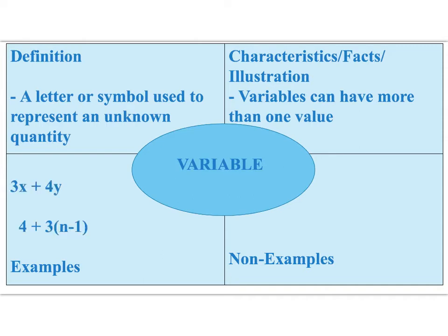So here we have an example with variables in it. And so the variables are typically going to be the letters. So y is a variable, x is a variable, and n is a variable.